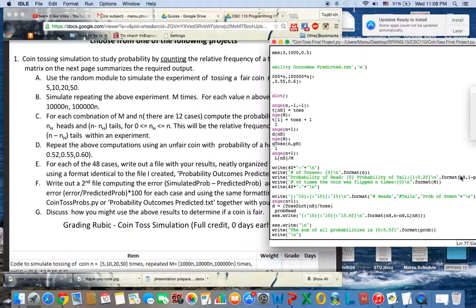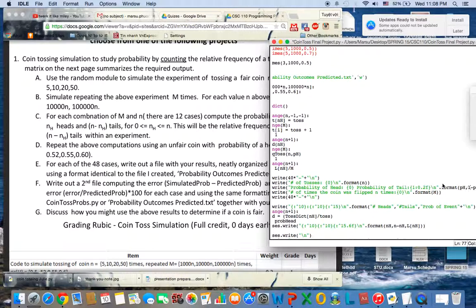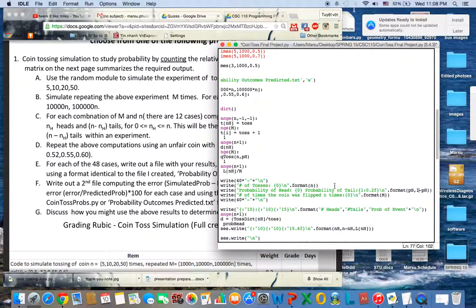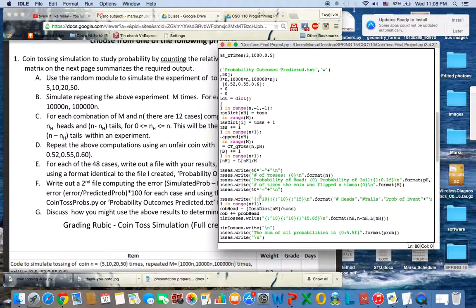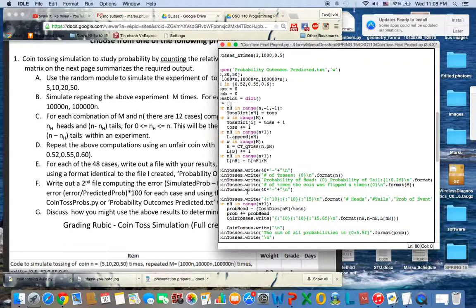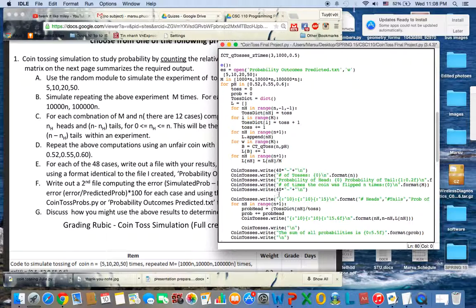So here the probability of head, and here the probability of tail, which means 1 minus probability of head. And write the number of times that the coin was flipped, N times, so we write like 1,000 or 10,000, and then we have a line.